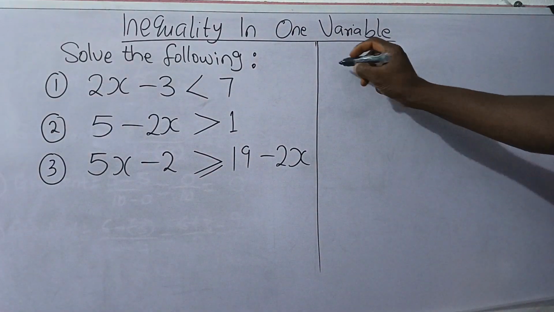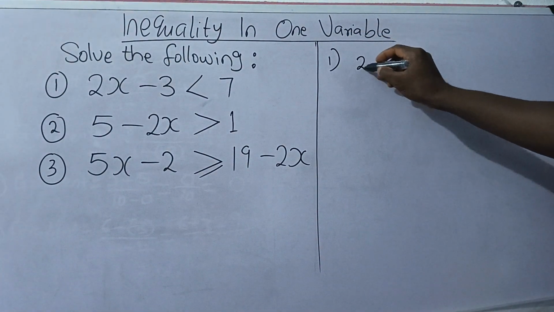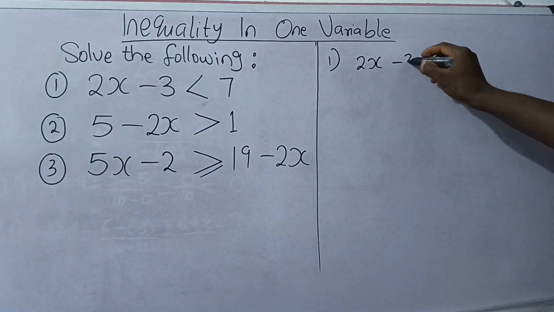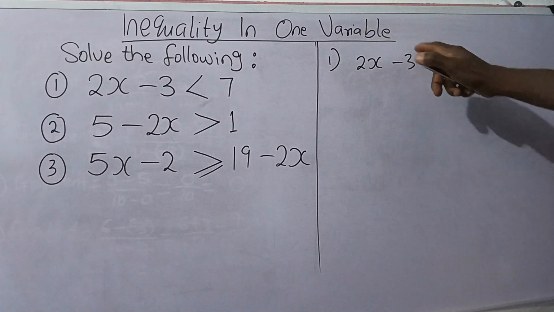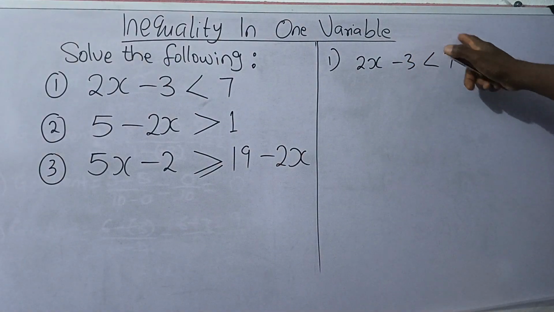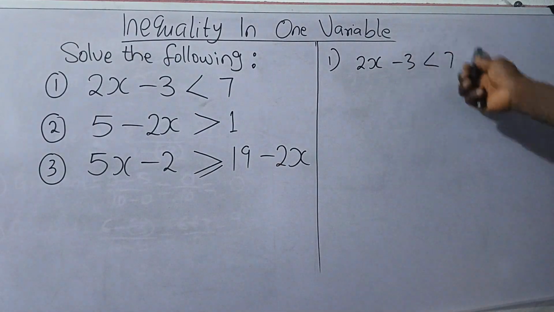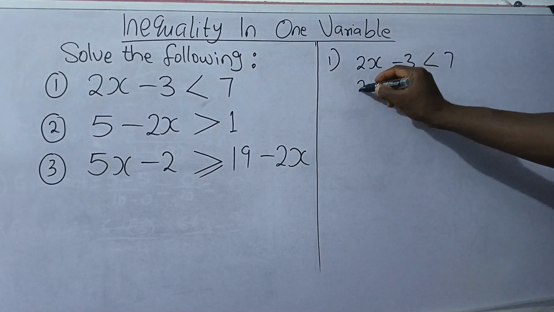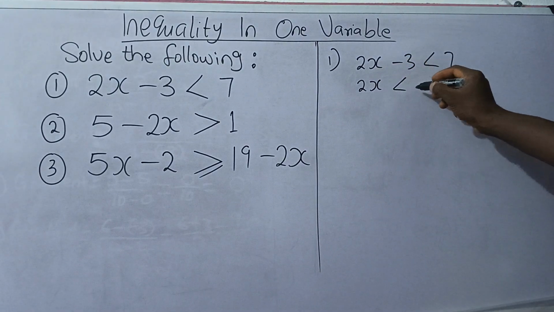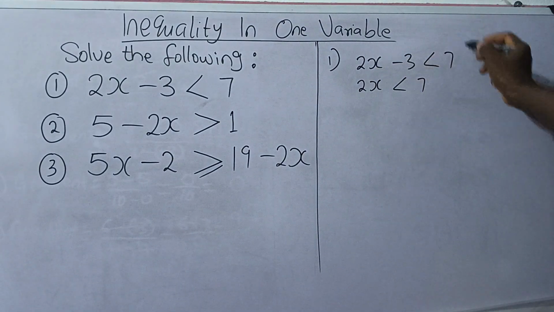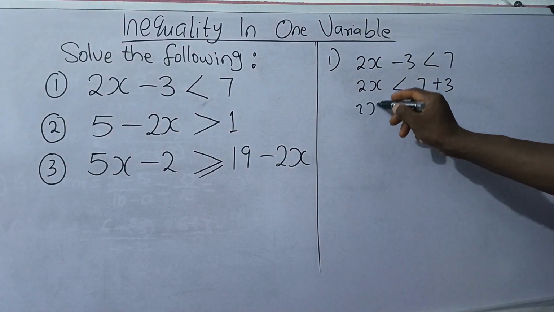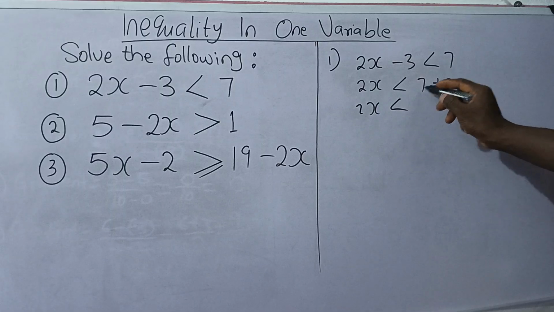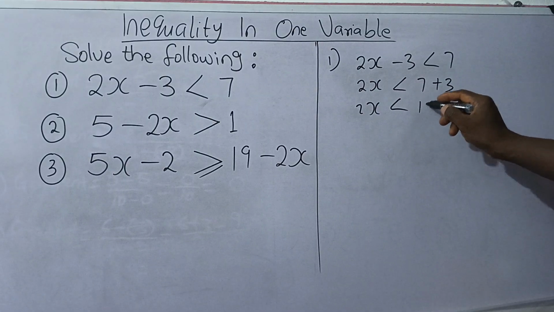Question number 1. Here we have 2x minus 3 is less than 7. We collect like terms, that is by moving negative 3 to the other side, and it becomes positive when it goes there. That becomes 2x is less than 7 plus 3, which will give us 10.